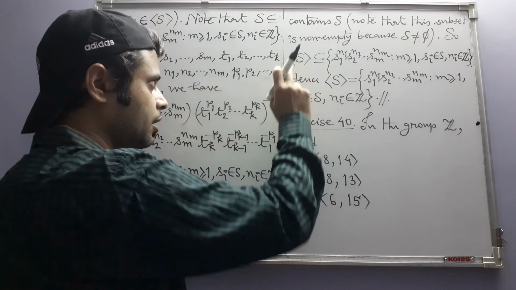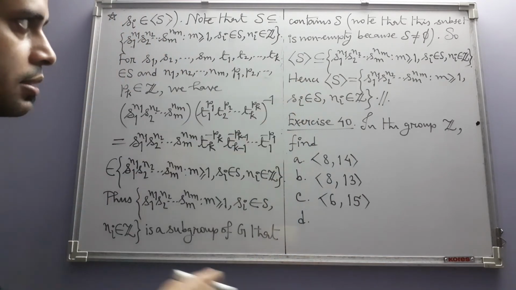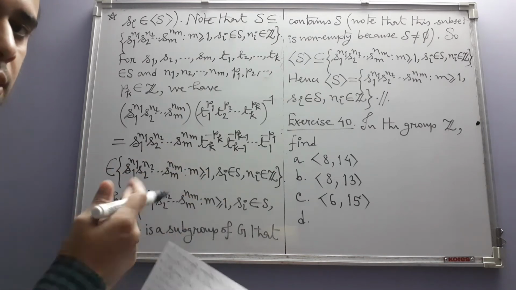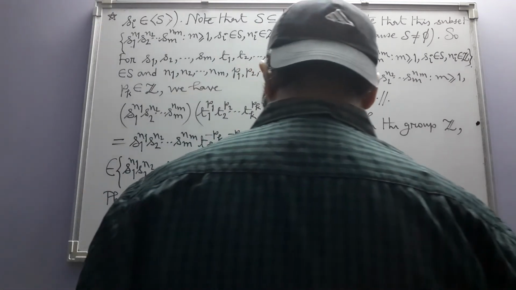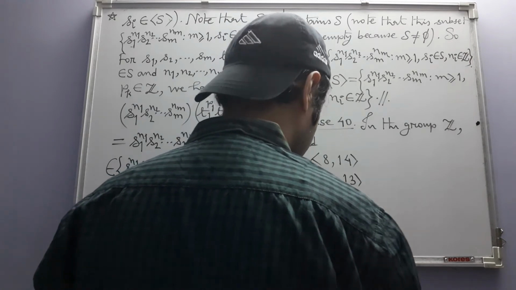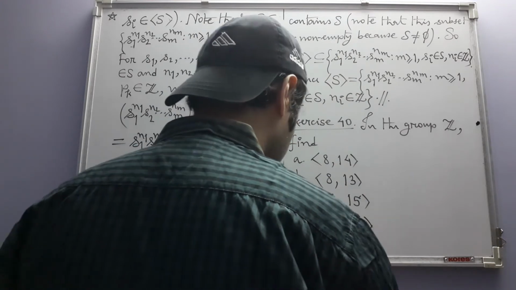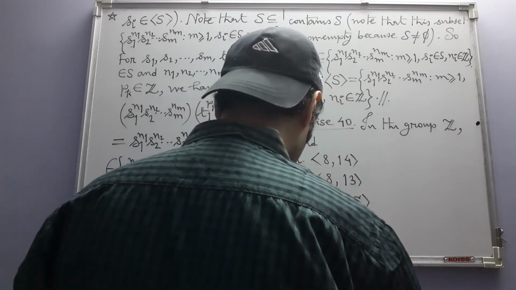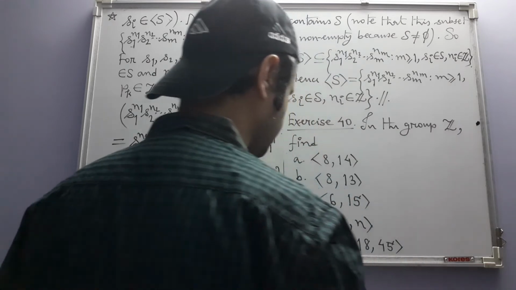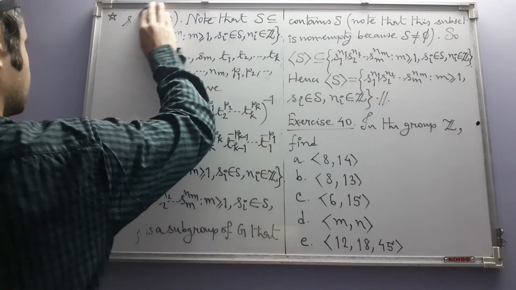So this is a generalization of the cyclic subgroup concept. Instead of generating a subgroup by a single element, here we are generating a subgroup by a set of elements. E, here we have 3 elements, 12, 18 and 45, and also there is something else.